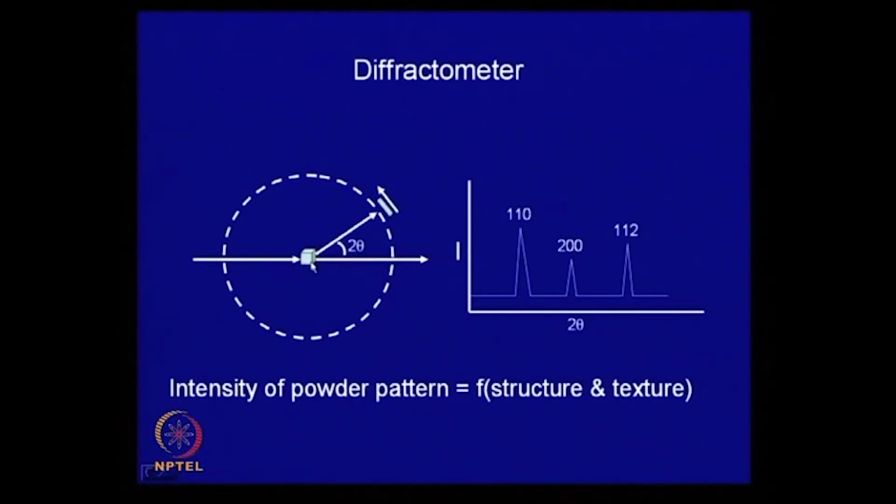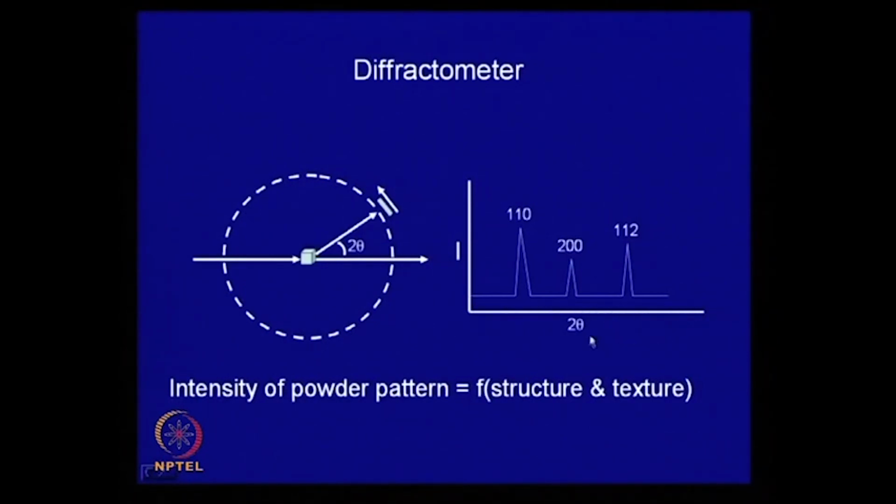The counter moves along this circle and records the intensity as a function of the angle of diffraction, that is 2 theta, which is shown over here.